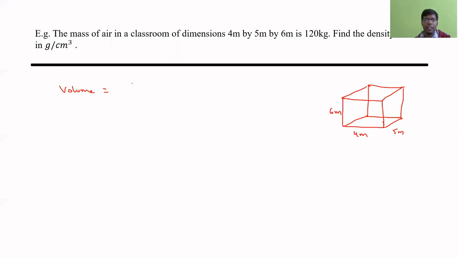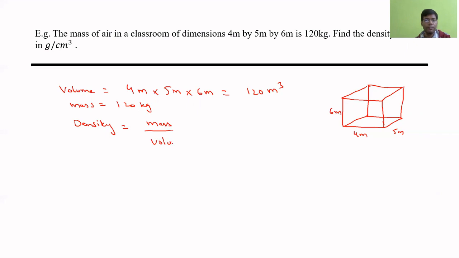So my volume is 4 meters multiplied with 5 meters multiplied with 6 meters. So this is 30 multiplied with 4. So 120 meter cube. This is my volume. And mass is equal to 120 kg. So we have density is equal to mass by volume.